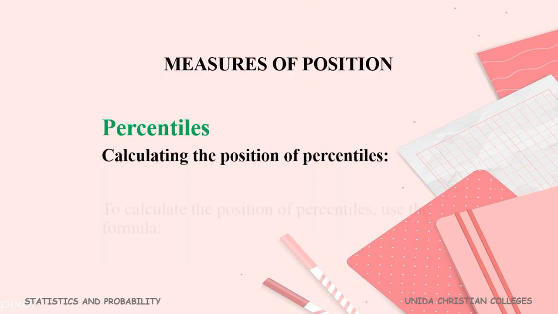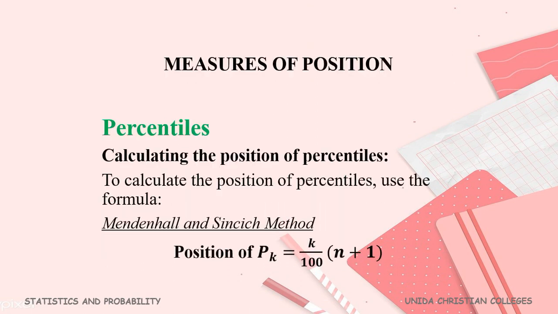And the formula will be position of your percentile of k is equal to k, divide naman siya ngayon sa 100 times n plus 1. Again, kapag si quartile po nakadivide sa 4, si decile nakadivide sa 10, si percentile naman nakadivide sa 100.